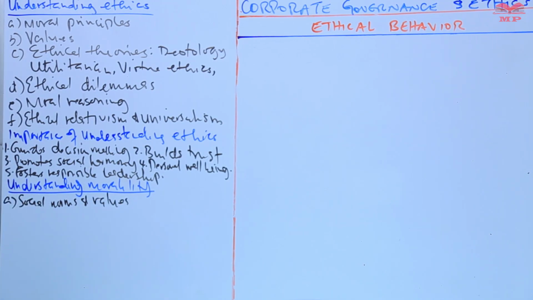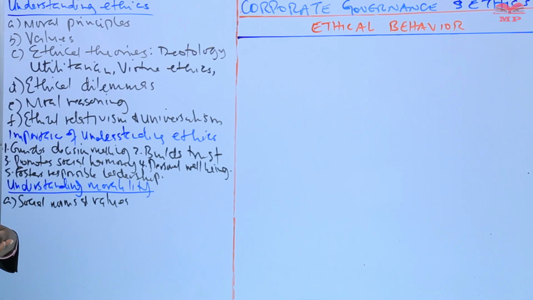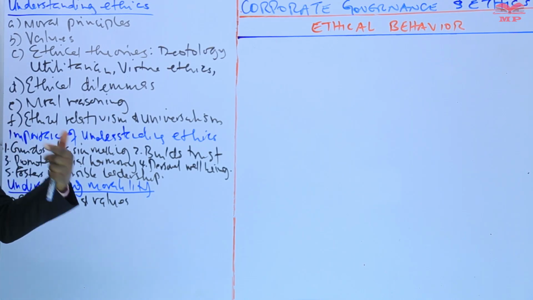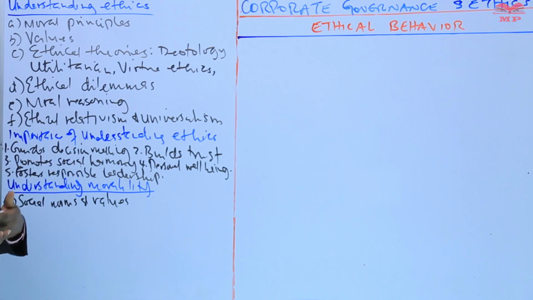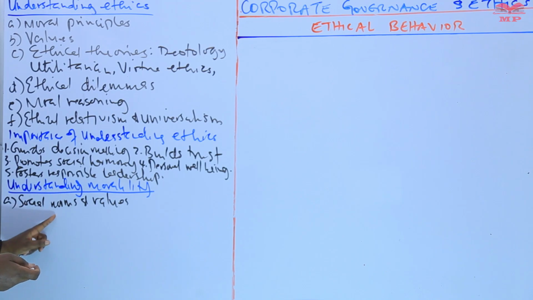Morality is deeply rooted in social norms and values, which are the unwritten rules and expectations that guide behavior within a community or a society. And these norms and values are often shaped by cultural traditions, religious beliefs, and historical experiences. So, to understand morality, one has to understand social norms and values.